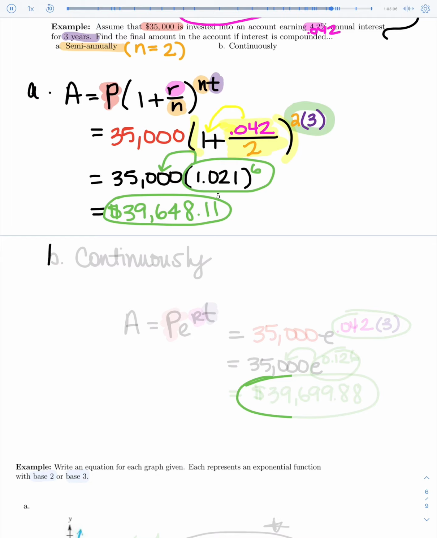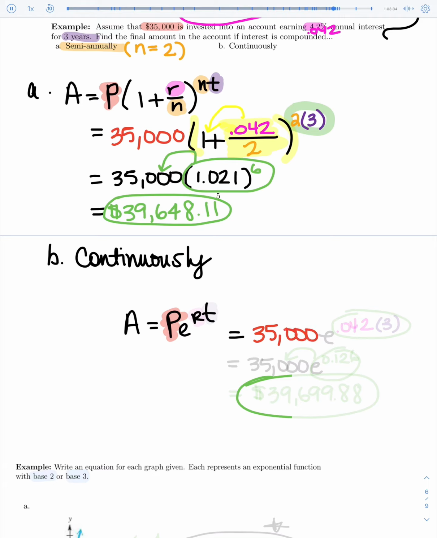Now let's look at part B, which wanted us to do the same thing in the same problem, but compound the interest continuously. So if we're doing it continuously now, that's the other formula, A equals P e to the rt. Well, the principal we've already said, the P is 35,000.